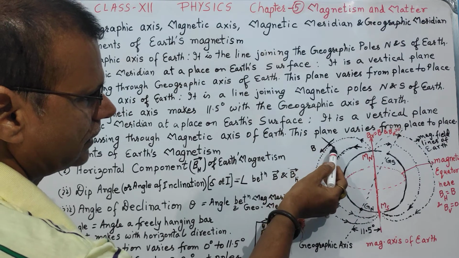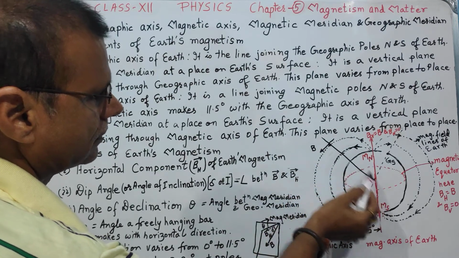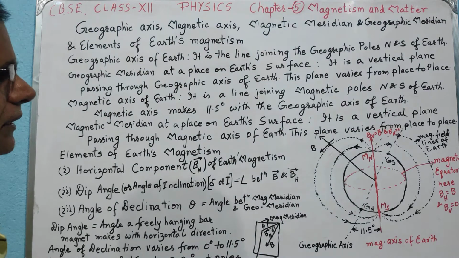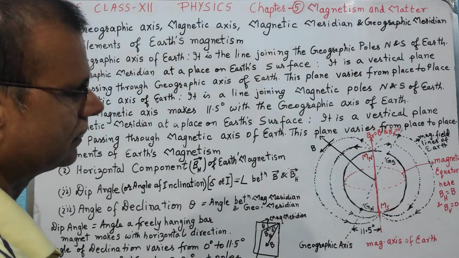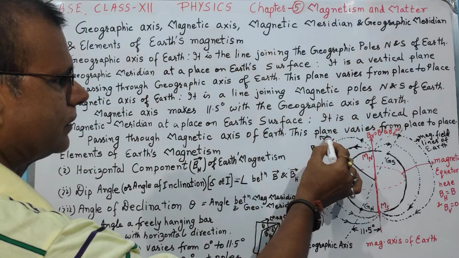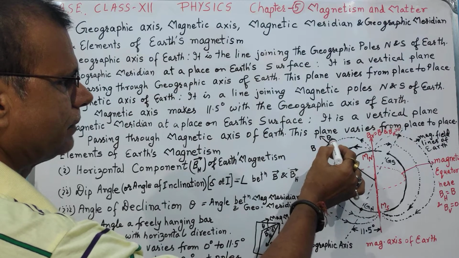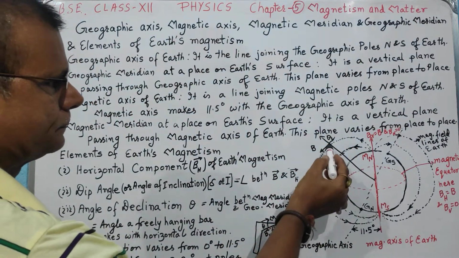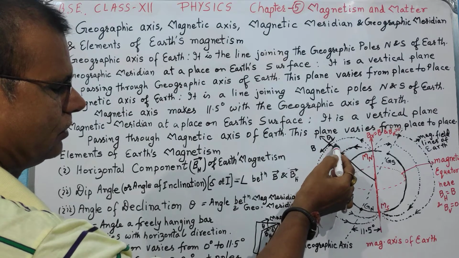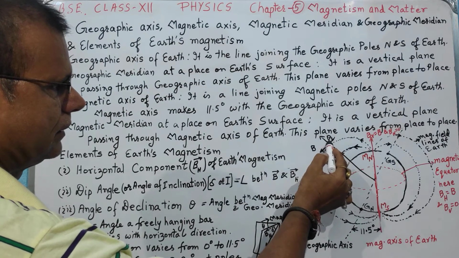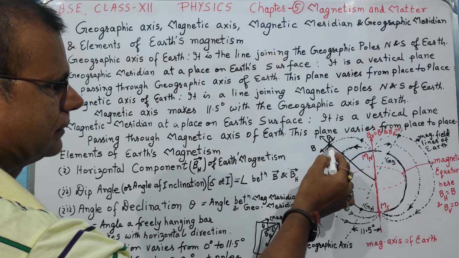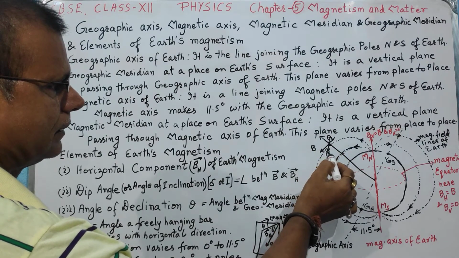So naturally, the value of the magnetic field in this direction will be the vertical component of earth's magnetic field, and we represent it by B_V. The horizontal component will be slightly different from this, and that will be, say, B_H.